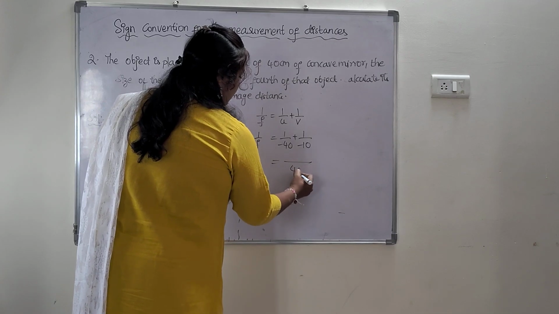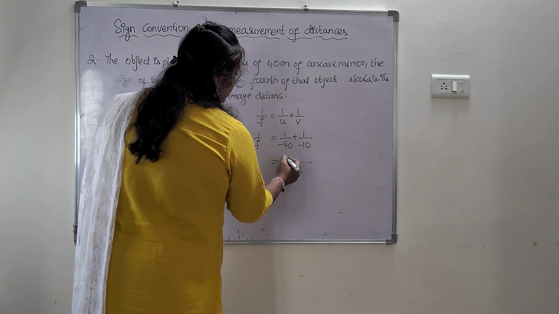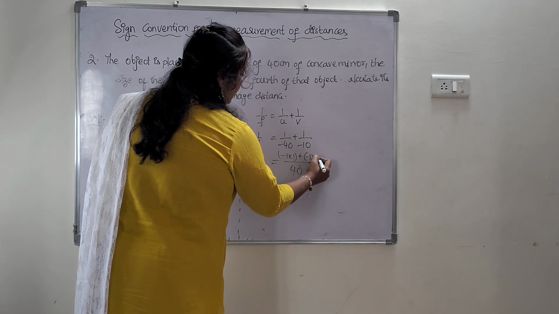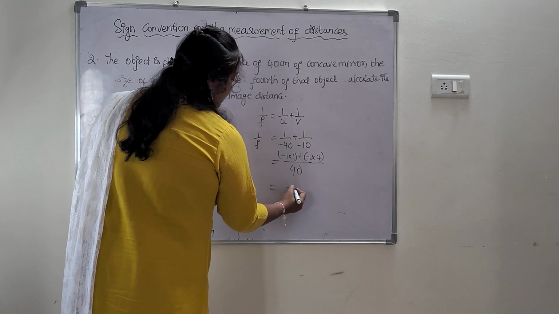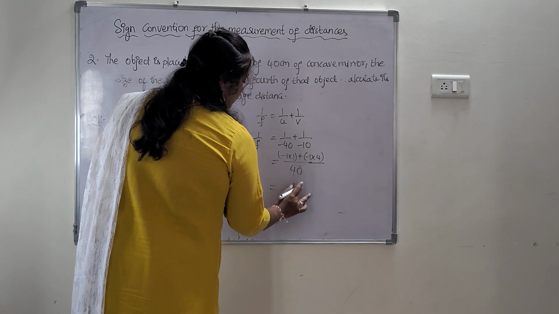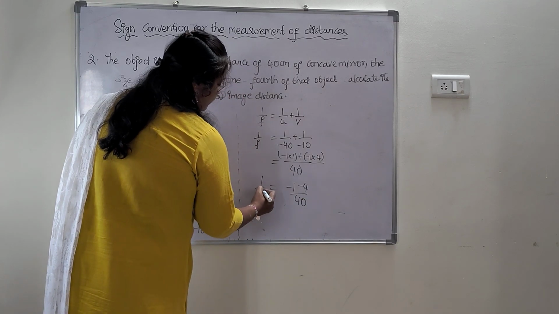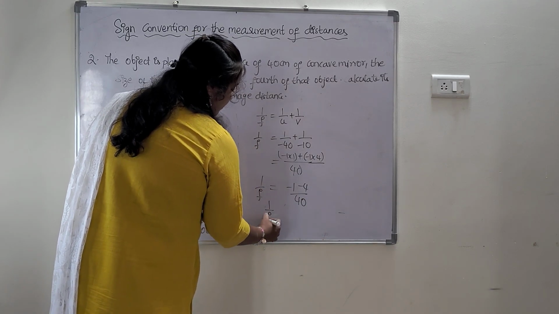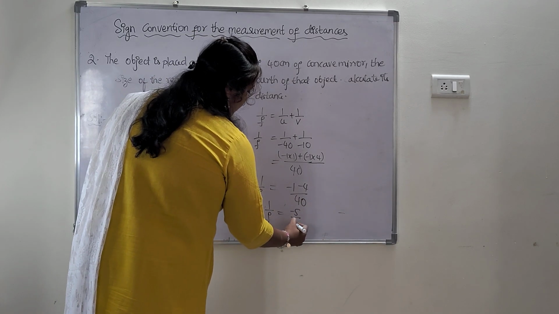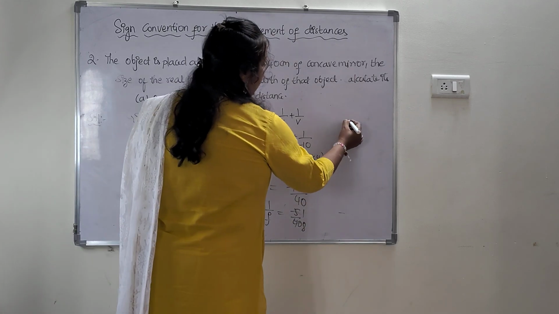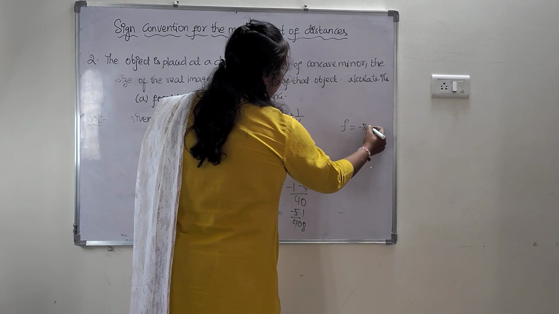But minus you are having, no. So -1 into 1 plus -1 into 4. That is -1 plus... -5 by 40. 1/f is equal to -5/40. 5 ones are 5, 5 eights are 40. Therefore f is equal to -8 centimeter.